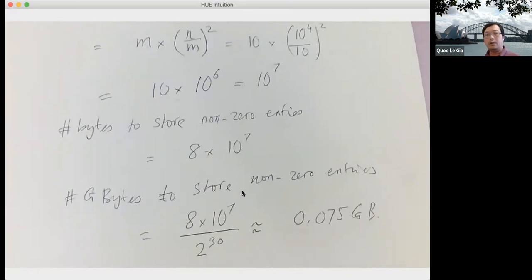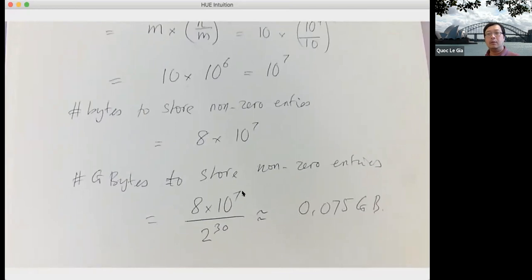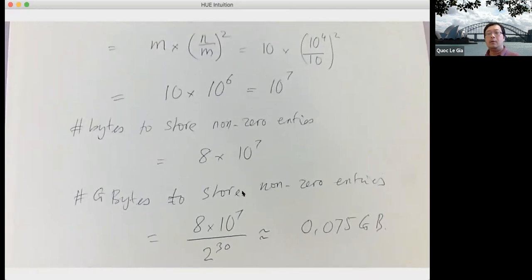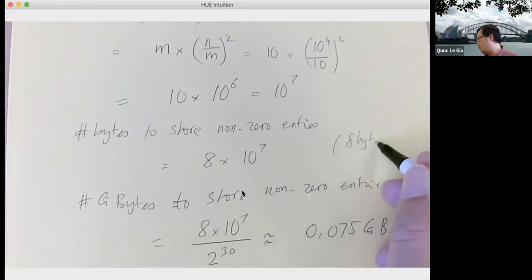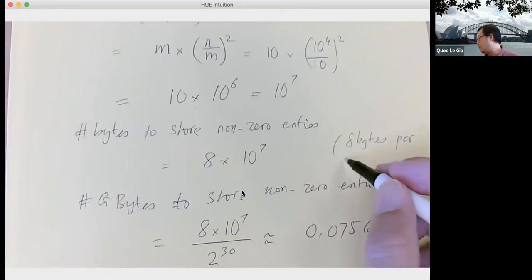So any more questions? So you figure out the number of non-zero entries, and each entry takes up 8 bytes, yeah? So this one is 8 bytes per entry, yeah? Non-zero entries.